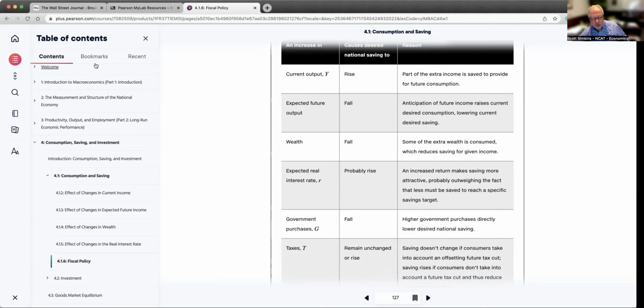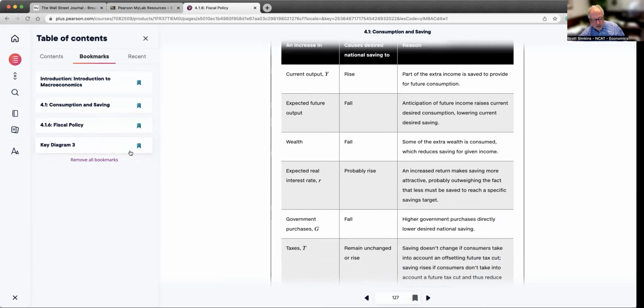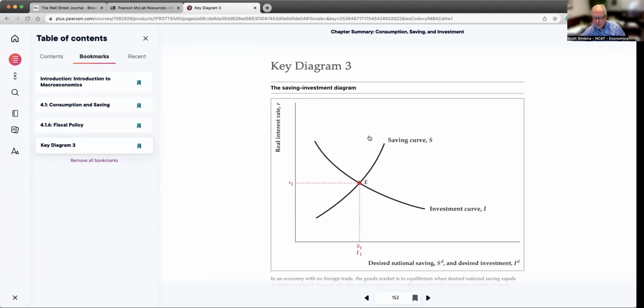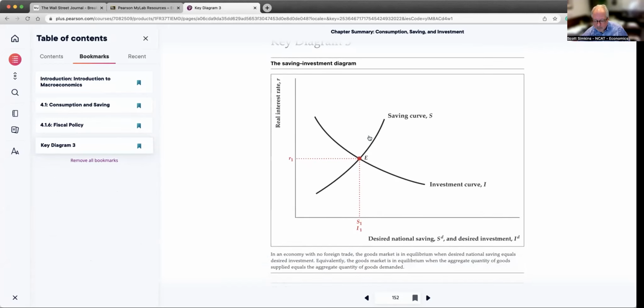Let me just show that with the bookmarks. This one has a bookmark already, so I'd be removing it. But up here, you can have a list of them. So I have one right at the end of chapter 4. There's this key diagram. And there's one at the end of chapter 3 with the labor market as well.